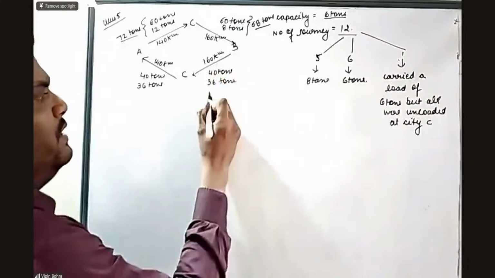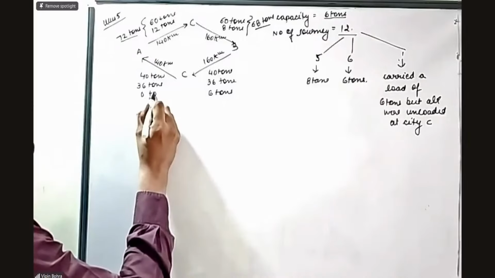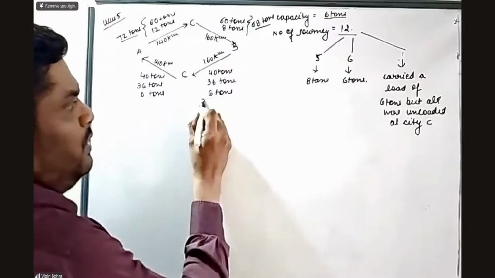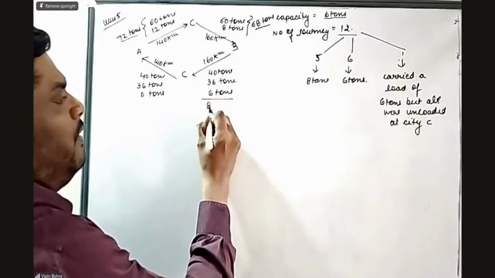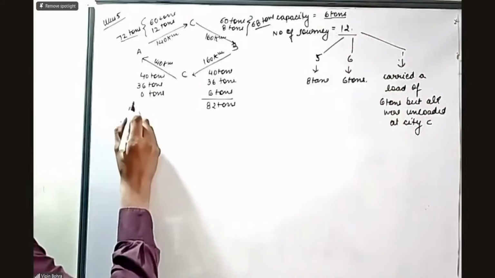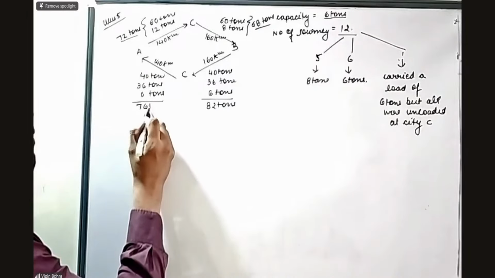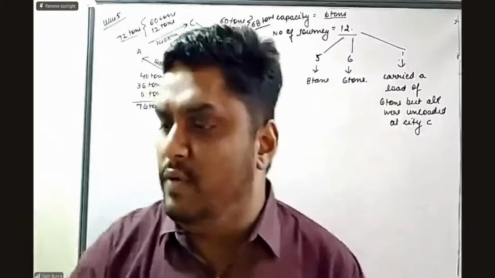So even though 6 tons were transported from B to C, nothing was transported from C to A. So the total tons transported were 82 tons from B to C and from C to A 76 tons. So this is the diagrammatic presentation of the question.